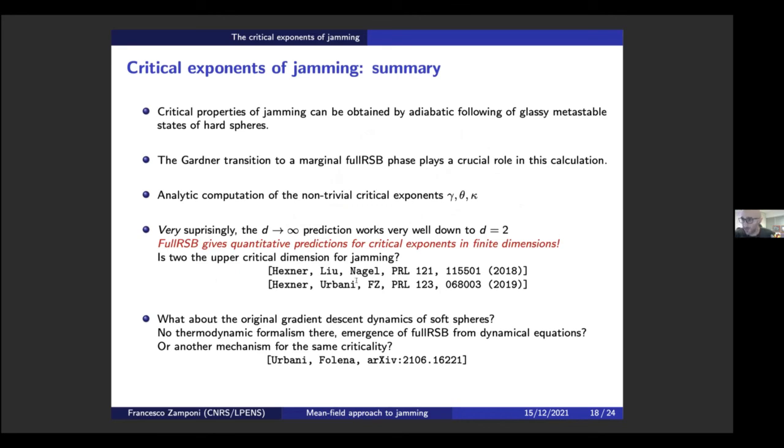So there is some kind of hyperuniformity in the space of forces. And maybe this is what is responsible for the fact that mean field still works in low dimensions. I think these works are nice, but I would like to have a more detailed understanding of that. That's the idea, but I would like to understand it better.